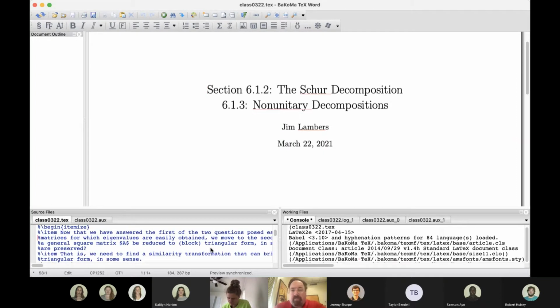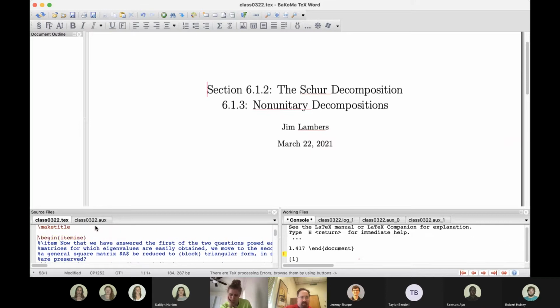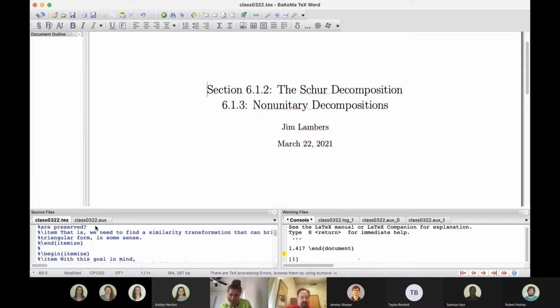Now, when it comes to finding eigenvalues of a matrix, there were two key questions that were brought up last time. The first is, for what kind of matrices can eigenvalues easily be determined? And second, how do we take the case of a general square matrix A and reduce it to one of those simpler cases?